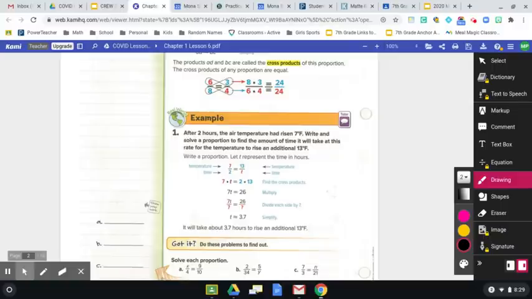We are still in lesson 6. Believe it or not, it is a long lesson, and it does take us some time to go through this lesson. There's lots of different pieces mixed in this lesson. So far, what we've done is we've gone through and understood what a proportion is and understood that it is equivalent ratios.